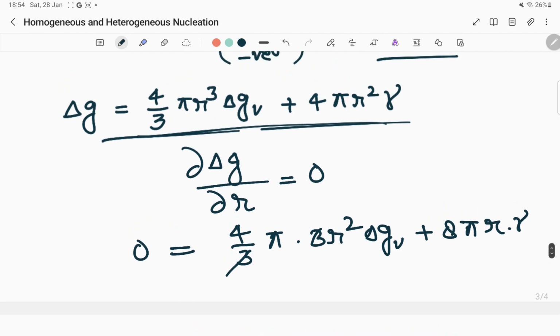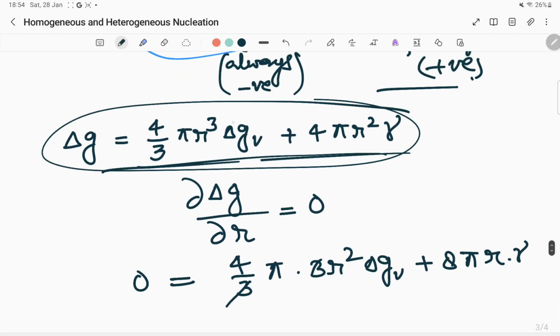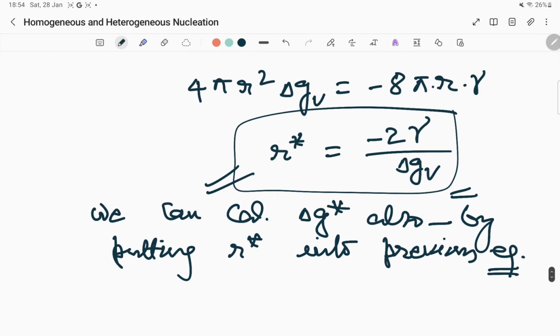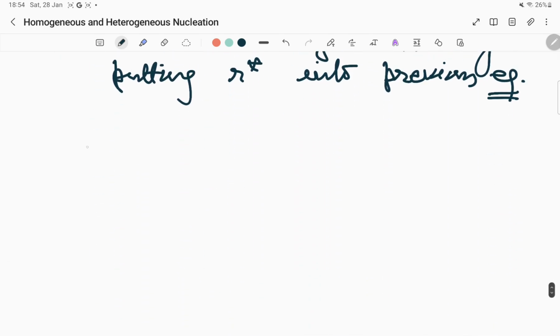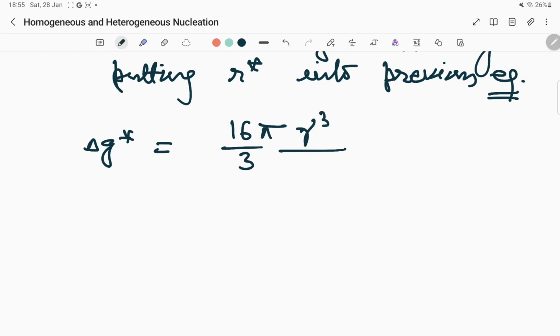So the previous equation is this one. Here we can put the value of R star, and we can calculate the delta G star. The delta G star will come out 16 by 3 into pi gamma cube upon delta GV square.